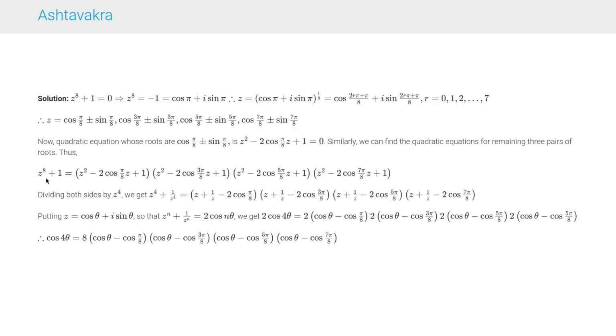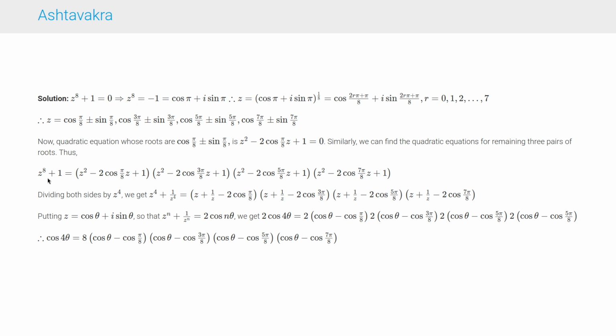So what z to the power 8 plus 1 will look like is z square minus 2 cos pi by 8 z plus 1 into z square minus 2 cos 3 pi by 8 z plus 1, into z square minus 2 cos 5 pi by 8 z plus 1 into z square minus 2 cos 7 pi by 8 z plus 1.